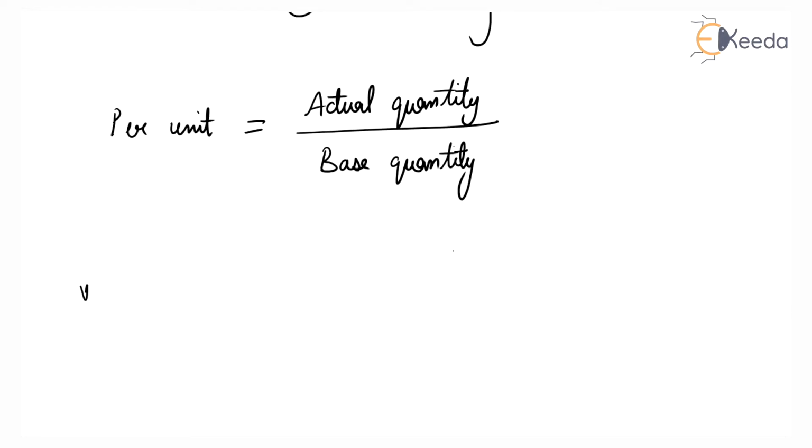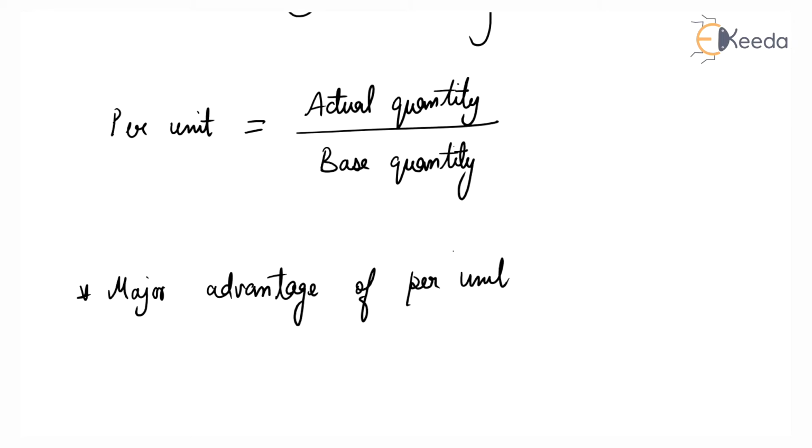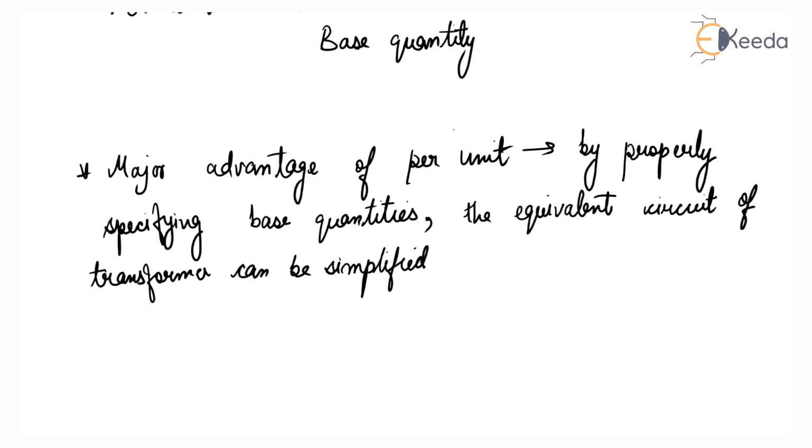Now one major advantage of per unit is that by properly specifying base quantities, the equivalent circuit of a transformer can be simplified. This is the major advantage of per unit.